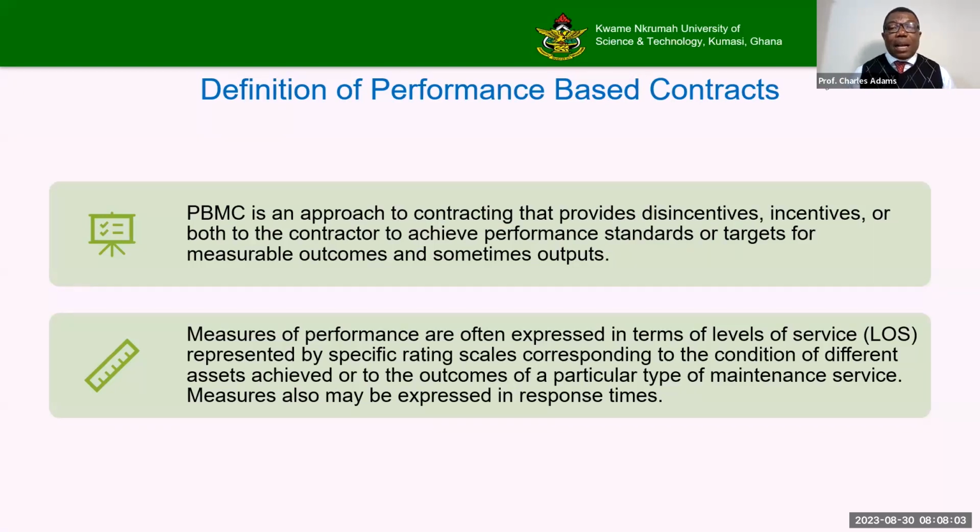Measures are also expressed in terms of response time. So, for example, we can say that when there are potholes of so many square meters per kilometer, we want them fixed within one month of being seen. So it's a way of using performance to pay the contractor or the contracting entity.